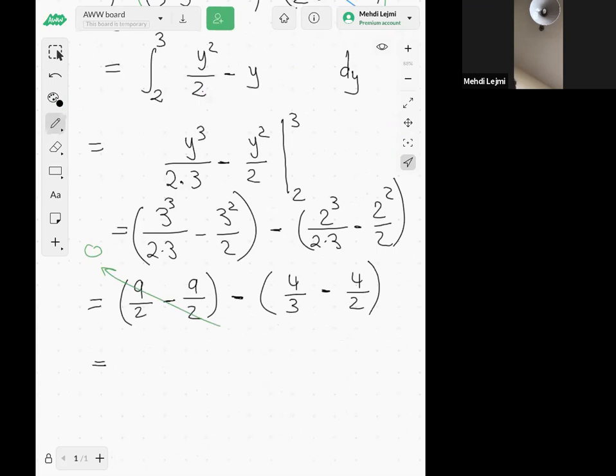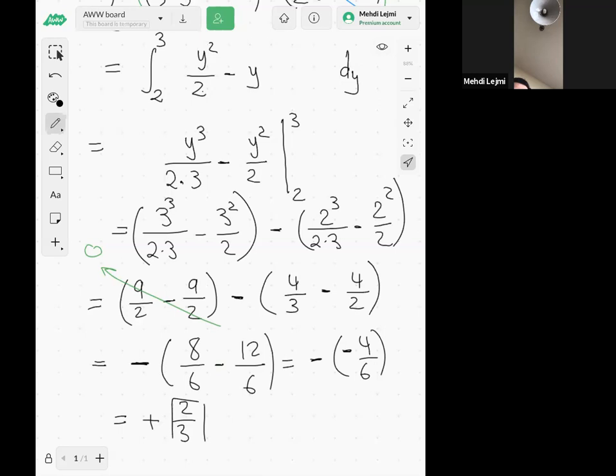And then minus 4 over 3 minus 4 over 2, multiplied by a common denominator, so it's 8 over 6 minus 12 over 6. That will be equal to minus negative 4/6, which is of course positive 2/3. So that's what you got, David, right? You said 2/3, right?